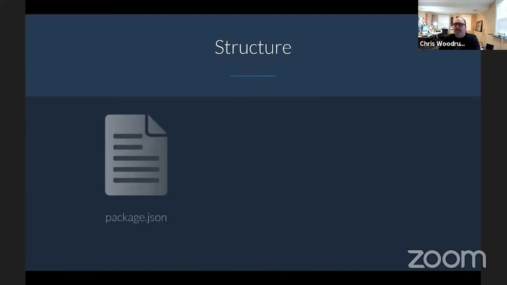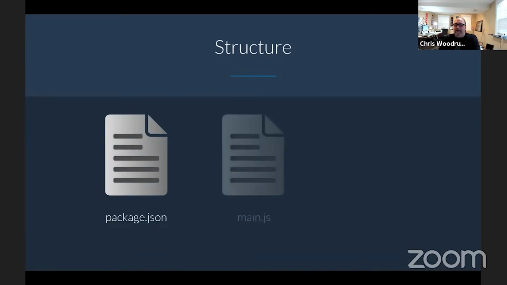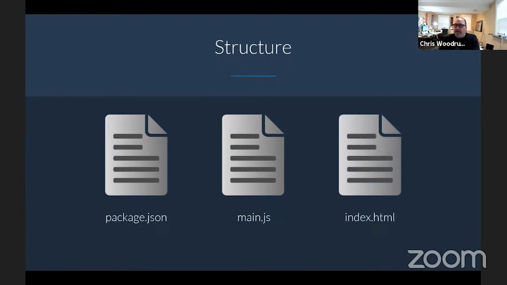The structure that I need, like I said, all you really need is a package.json. You need the JavaScript file for the main process, and then you need at least one HTML file or something to be visualized in the browser window. And that's really all that you need.